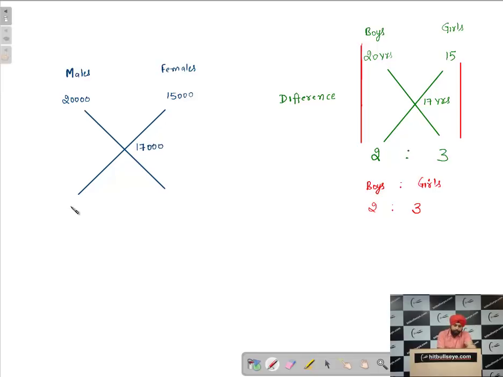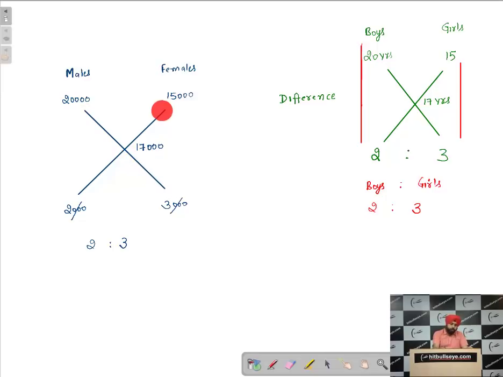Now you will take the difference and then their ratio. So ratio comes out to be 2:3.